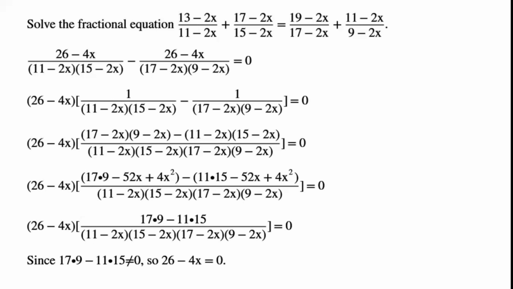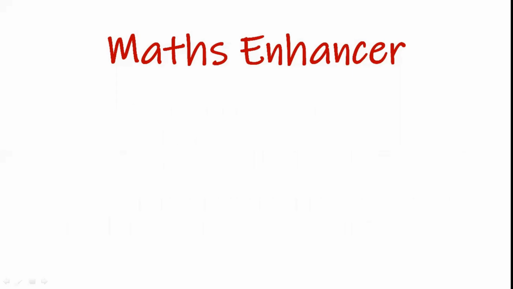Since 17 times 9 minus 11 times 15 doesn't equal 0, 26 - 4x equals 0. Thus, x equals 26 over 4, which is 13 over 2.